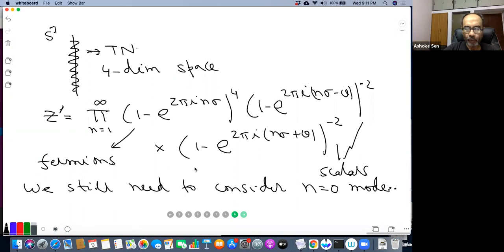So n equal to 0 modes are the modes that do not carry any momentum. Okay. So this is genuinely the center of mass. Okay, no oscillation at all. The whole thing is like one particle moving in Taub-NUT. So this is like a superparticle in Taub-NUT.